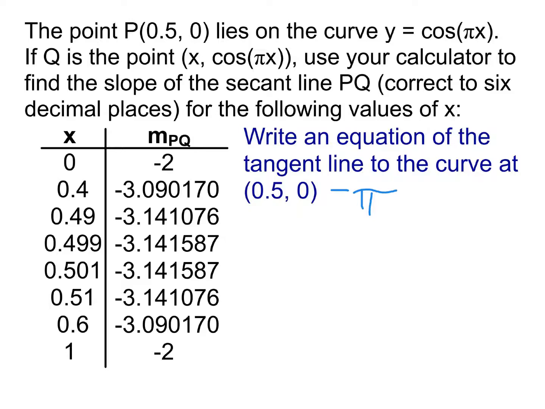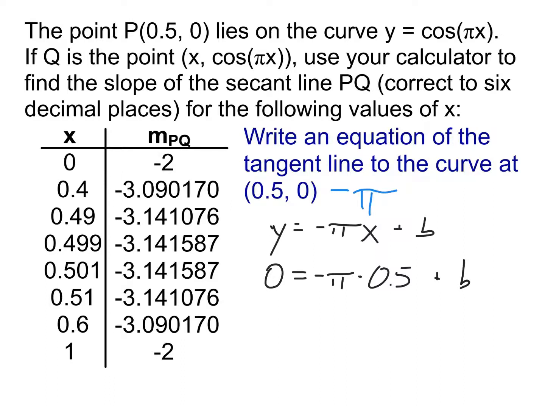So to find the equation of the tangent line here, it's going to be y equals negative pi x, because negative pi is my slope, plus b. And I've got to figure out what b is in order to be able to complete the whole thing. So I plug in my value of x and y that I know, so the y value is 0, equals negative pi times 0.5, that's my x, plus the b still.